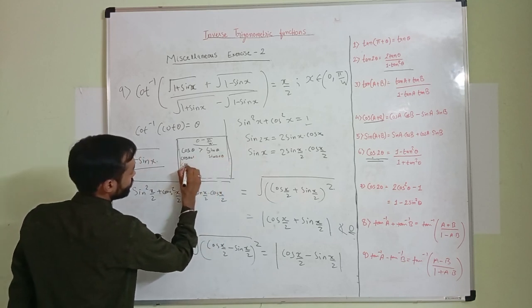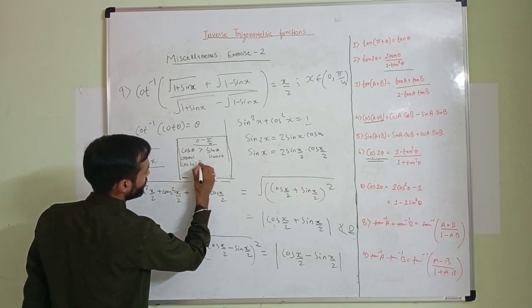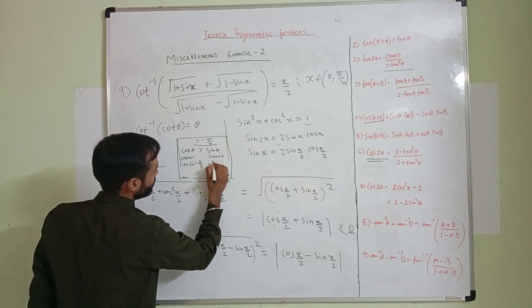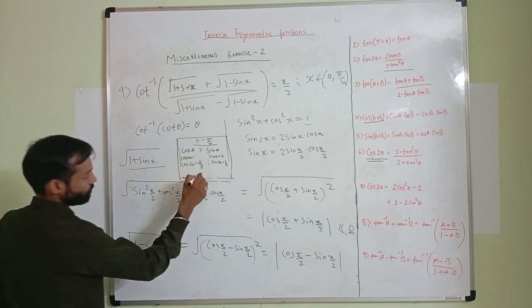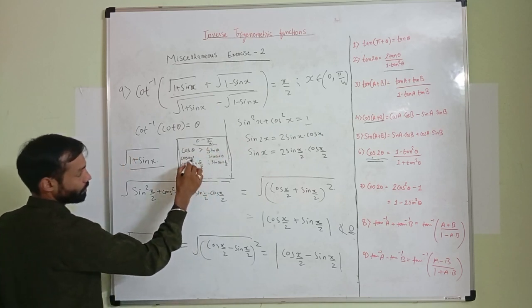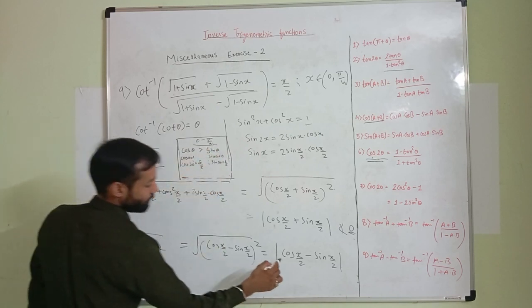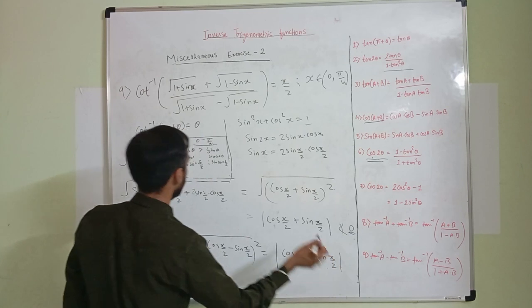Now cos 30 will be root 3 by 2, and sin 30 will be 1 by 2. So in both these cases, between 0 to pi by 4, the value of cos is greater than sin. Hence we are placing cos x by 2 first and sin x by 2 later.